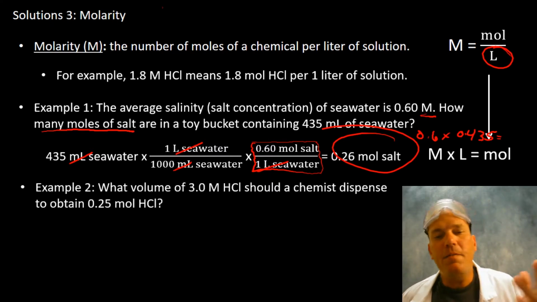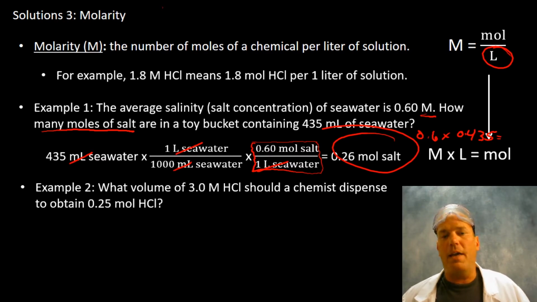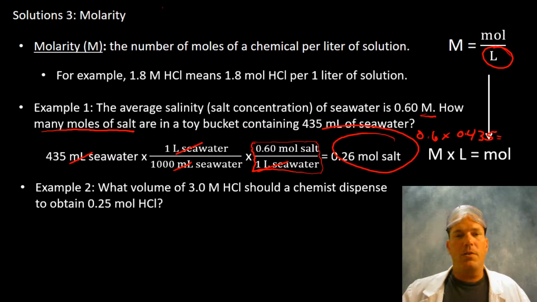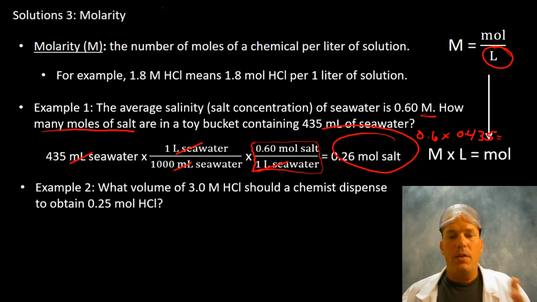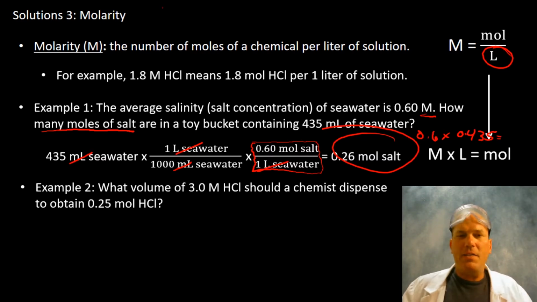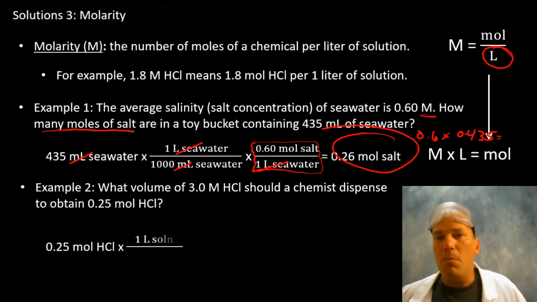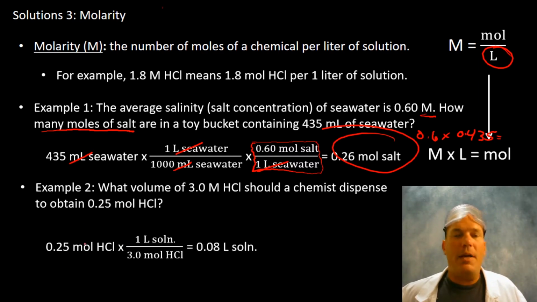Example 2. What volume of 3 molar hydrochloric acid should a chemist dispense to obtain 0.25 moles of hydrogen chloride? If you're feeling it, pause it, give this one a shot. Pick somewhere to start and just go for it. In this case, you could start with the moles of the hydrochloric acid. If you start with the moles, you need to have moles in the denominator.